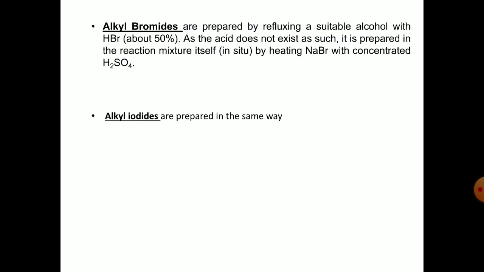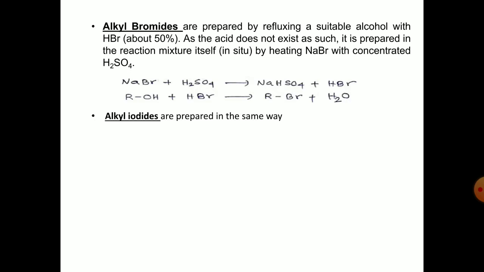Then alkyl bromides are prepared by refluxing a suitable alcohol with HBr. As the acid does not exist as such, it is prepared in the mixture itself by heating NaBr with concentrated H2SO4. NaBr plus H2SO4 gives rise to NaHSO4 plus HBr.